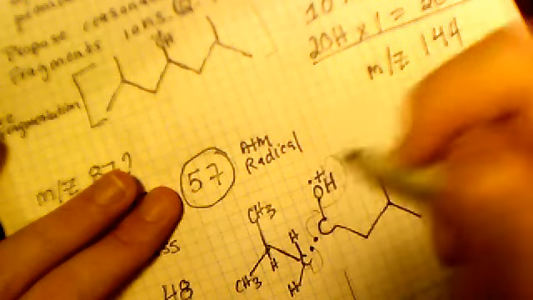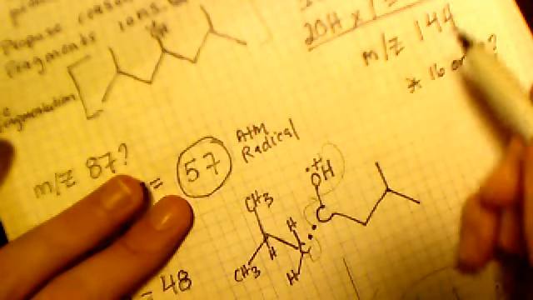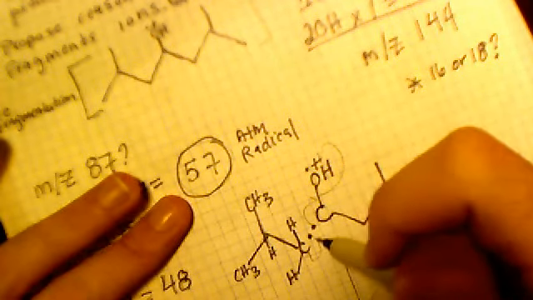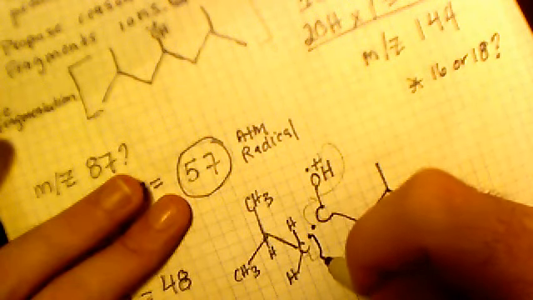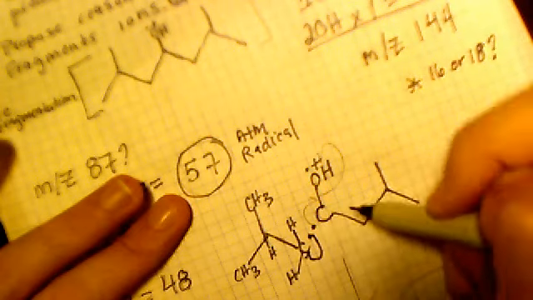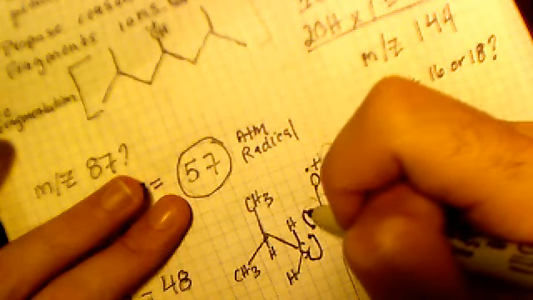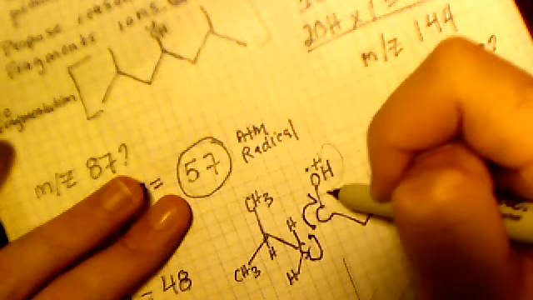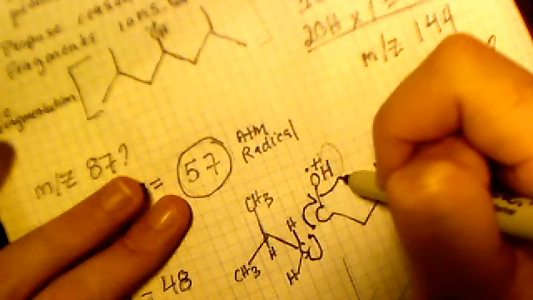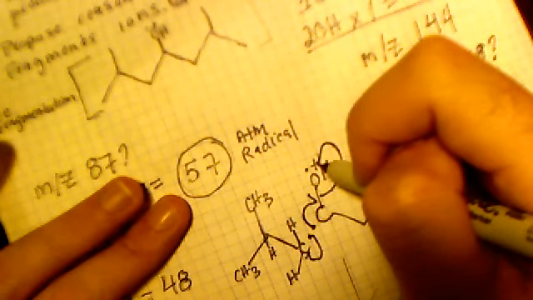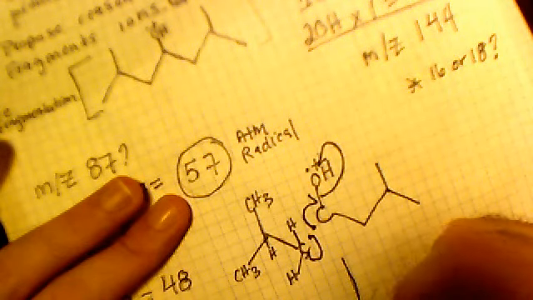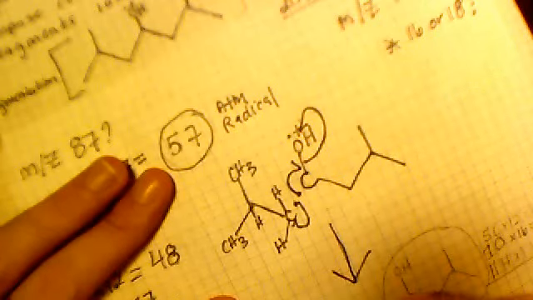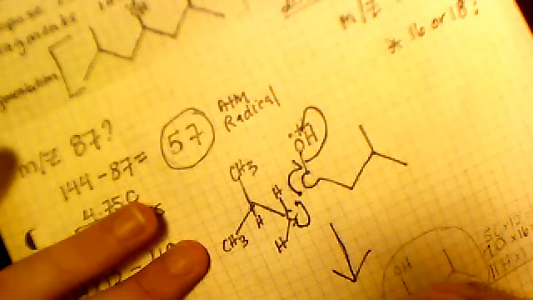Okay. So if this bond right here broke, and this gave one of its electrons here, and this sent one of its electrons here, and then this bond sent one of its electrons up to the oxygen, that would give us this neutral fragment.